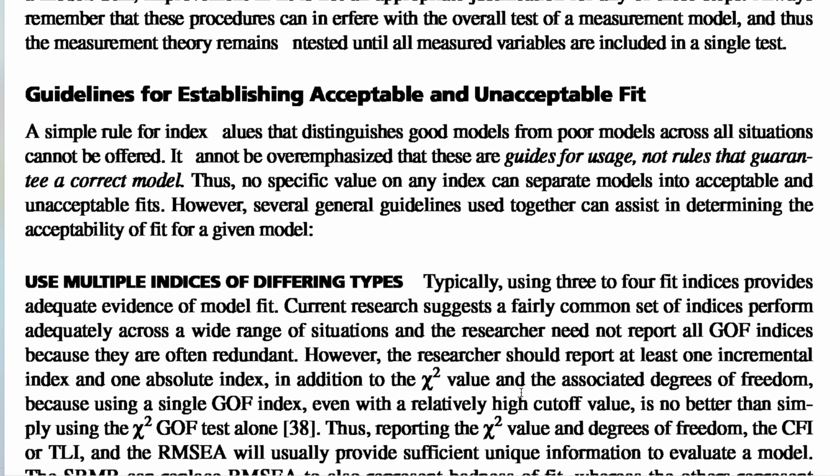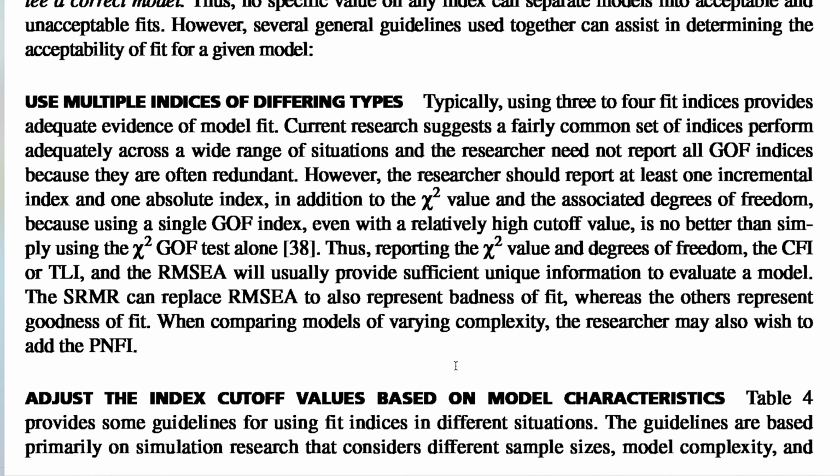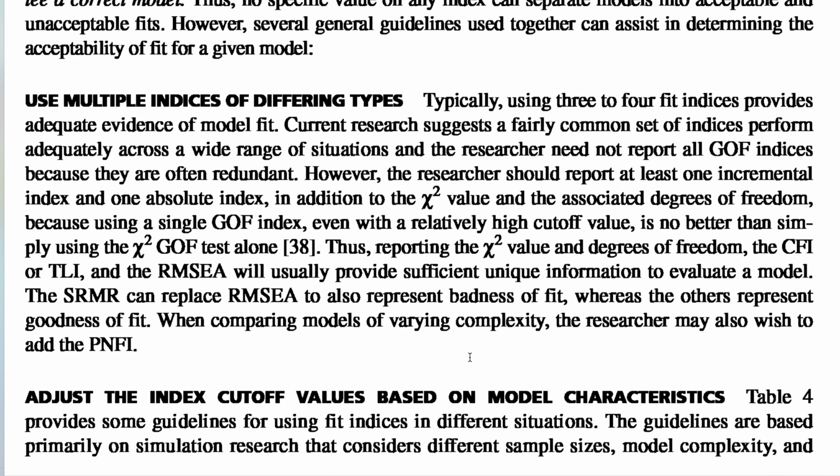Use multiple indices of differing types. Typically, using 3 to 4 fit indices provides adequate evidence of model fit. Current research suggests a fairly common set of indices performs adequately across a wide range of situations, and the researcher need not report all goodness of fit indices because they are redundant.